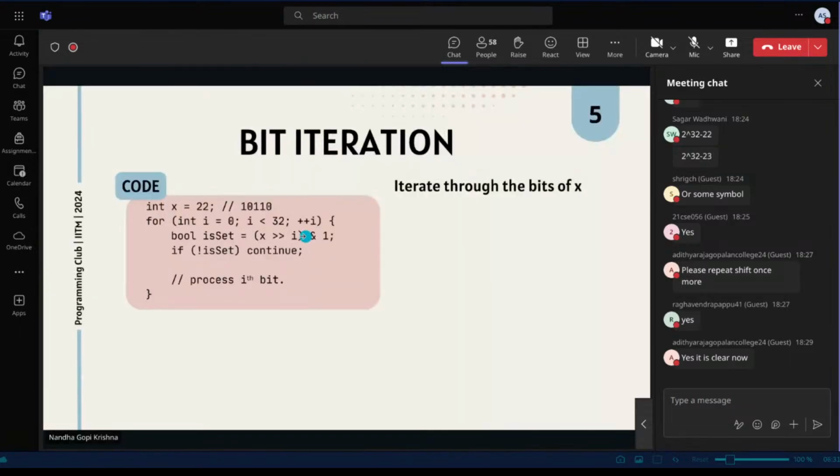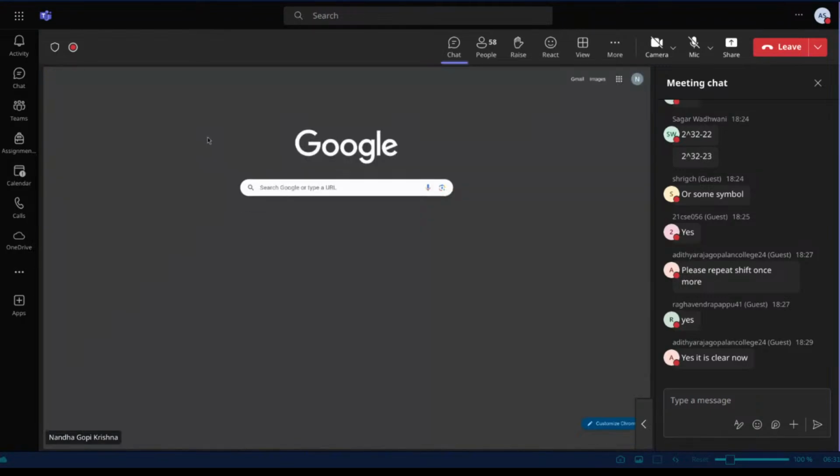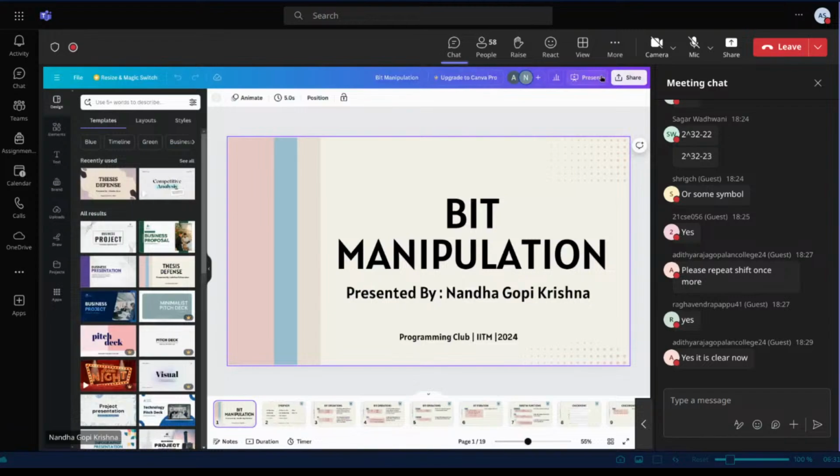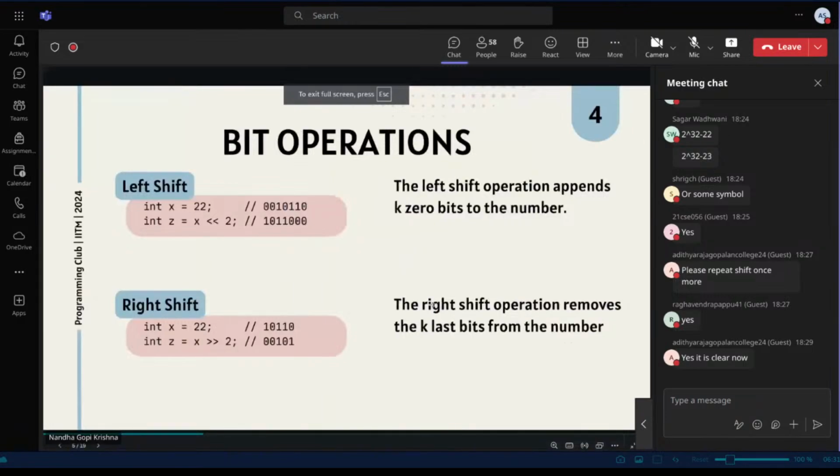I will explain it once again. Since int is internally represented as a 32-bit number, we would want to go through every single bit at least once. That's why we are going from 0 to less than 32, so we're going from 0 to 31. What this does is, as you have seen, the right shift operator simply moves the number k times to the right.